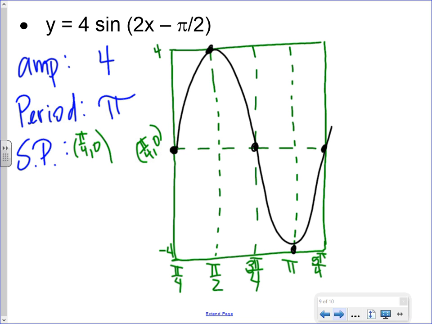Okay. Now, your book is going to tell you to graph 2 periods. If you graph 2 periods, I care less about the second period than I do the first. Your first period is going to be labeled, and it's going to look nice and pretty like this. Oh, I guess I did forget to label these here.